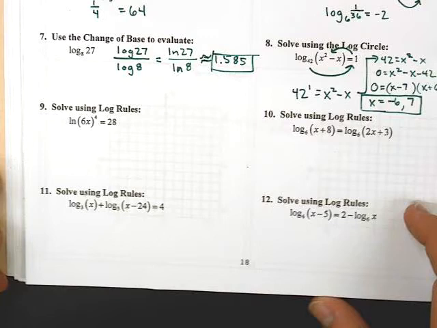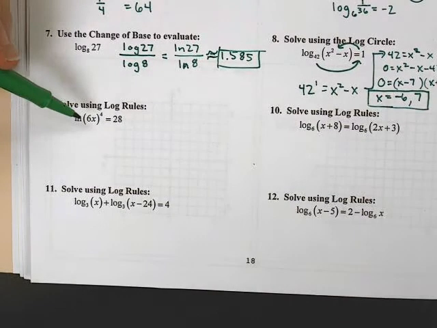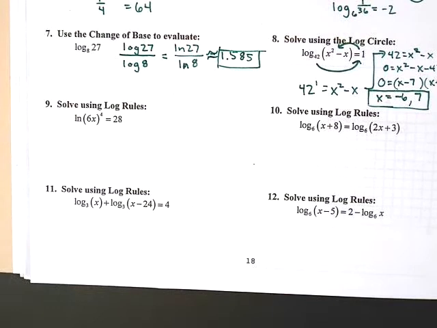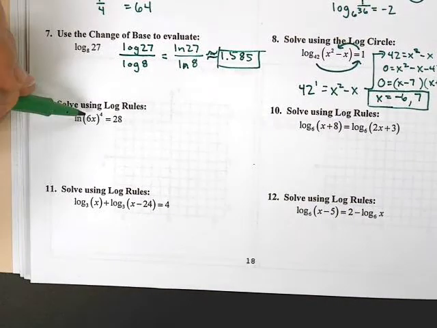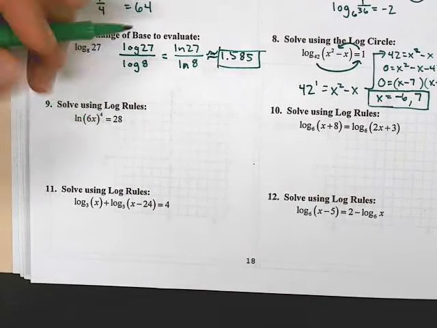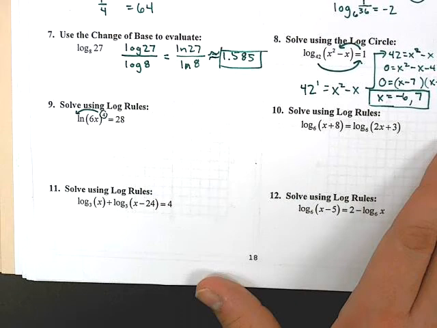Alright, now on something like 9, again I see a single logarithm on the left side, which is good. We're going to do a little bit of work first though. We want to just get this log, natural log I should say, of 6x by itself. Right now there's this 4. It's the exponent of the argument, and hopefully you guys remember whenever you see that, you can always bring it out front.